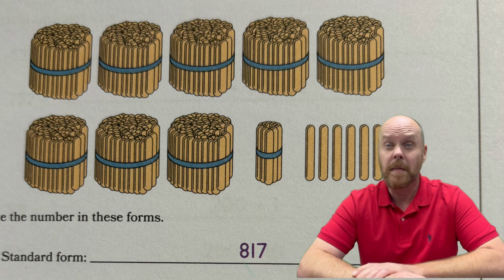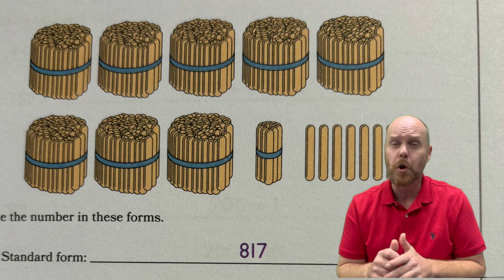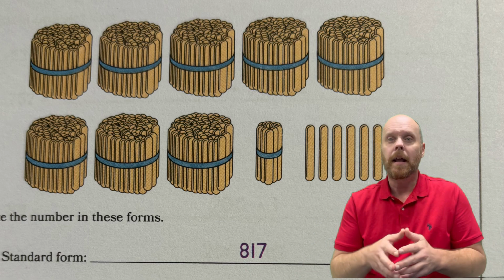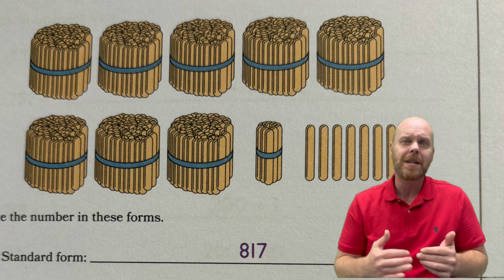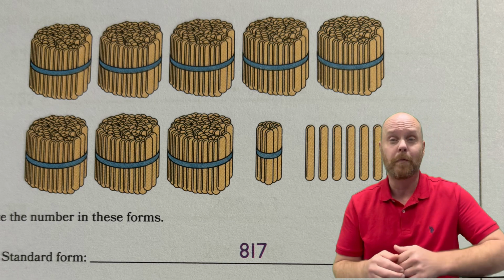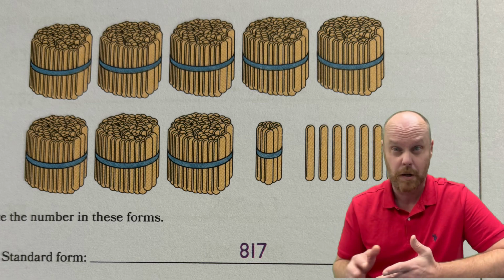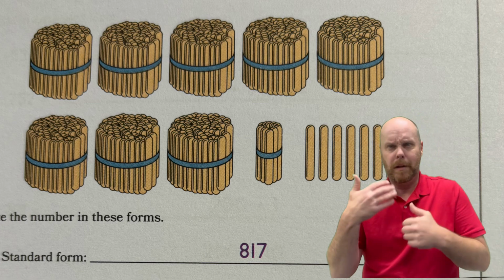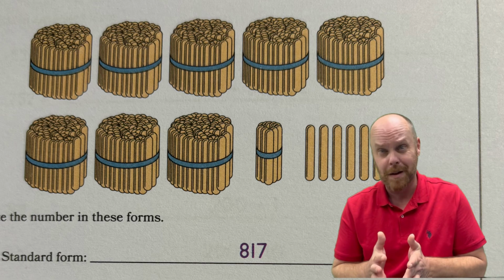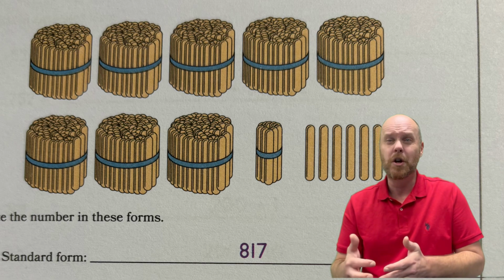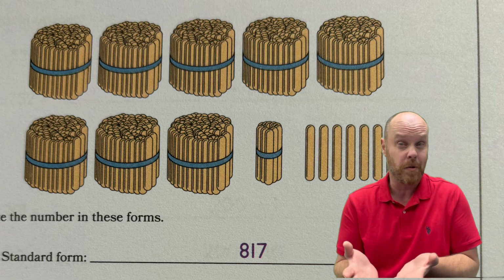And then sometimes there's even other ways to show this visually. If you look right here, sometimes the teacher's asking you to find the value of the bundle of sticks here. Well, if you compare that to our base 10 blocks, the biggest bundle is going to be our biggest value, which is hundreds, right?